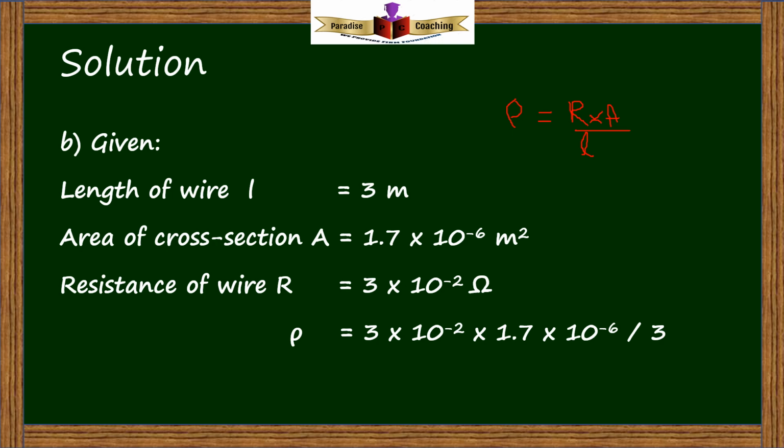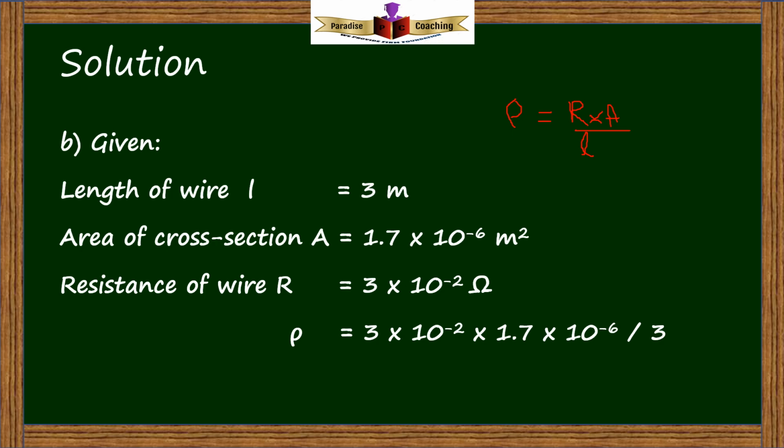R is 3 into 10 raised to minus 2 ohms. A is given to be 1.7 into 10 raised to minus 6 meter square. And the length of the wire is 3 meter.